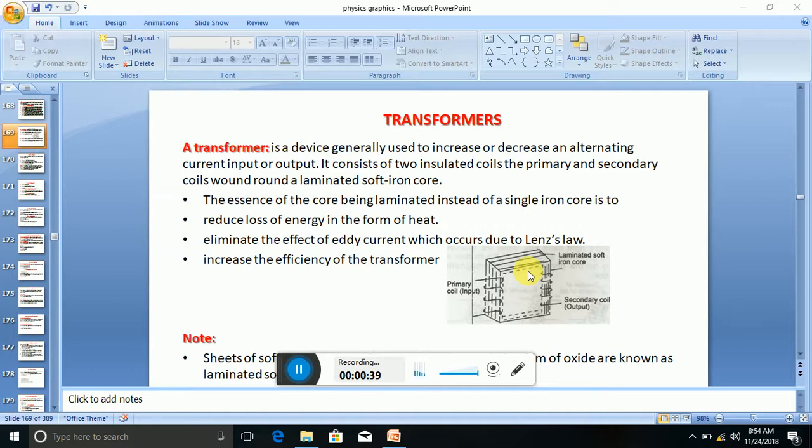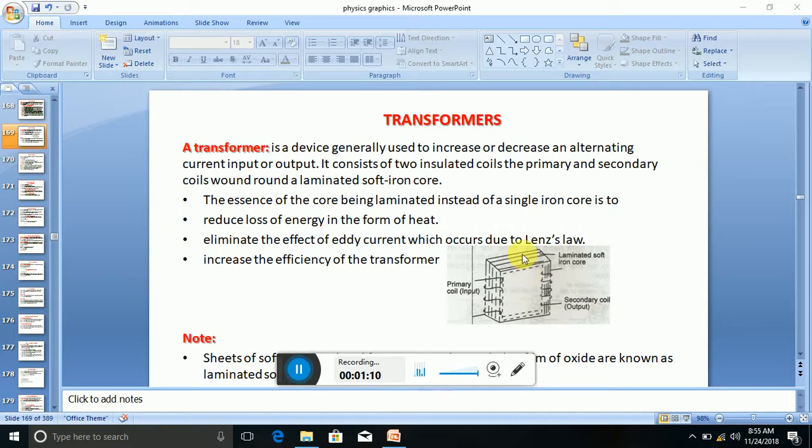The essence of the core being laminated instead of a single iron core is to reduce loss of energy in the form of heat, eliminate the effect of eddy current which occurs due to Lenz's law, and also increase the efficiency of the transformer. So that is why you laminate.